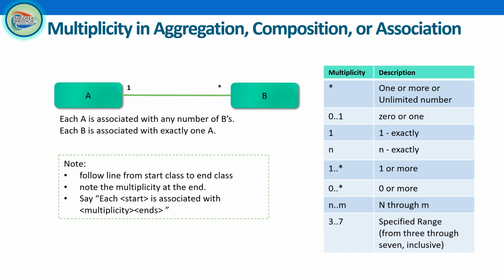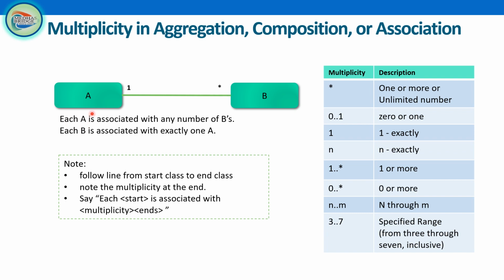Now let's look at the multiplicity in aggregation, composition, or an association. We have two entities, and cardinality at A is 1, at B many. One to many relationship, many to one relationship.